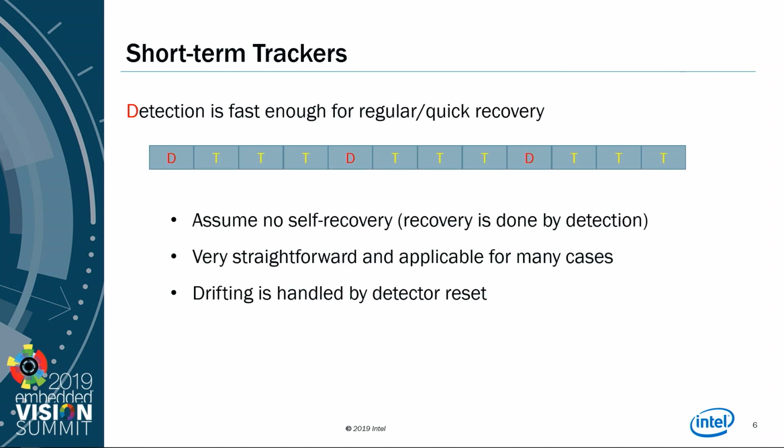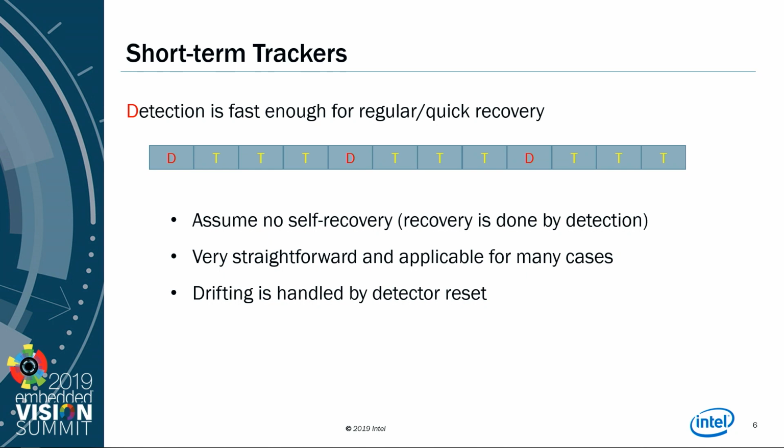So let's first start with the simplest one, the short-term trackers. In short-term trackers, we assume that first, detection is fast enough for regular and quick recovery. And second, we assume that the tracker doesn't have some self-recovery mechanism.